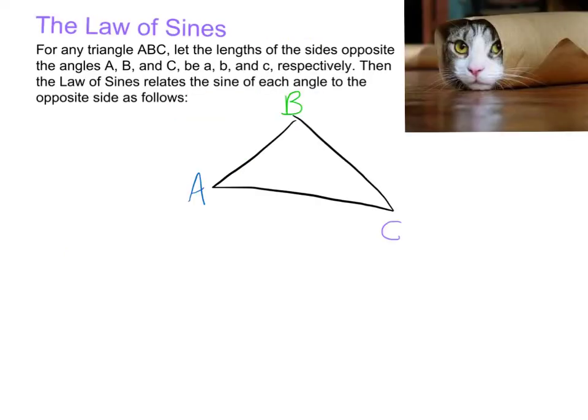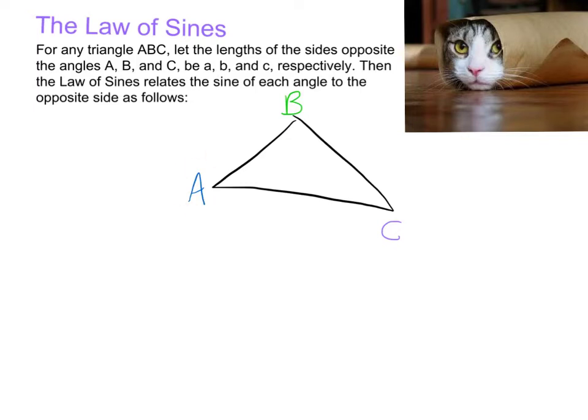So to be more specific, here's what the actual law of sines says. For any triangle ABC, let the lengths of the sides opposite the angles A, B, and C be a, b, and c respectively. Then the law of sines relates the sine of each angle to the opposite side as follows. Now that doesn't make a ton of sense. Let me show you what they're saying.